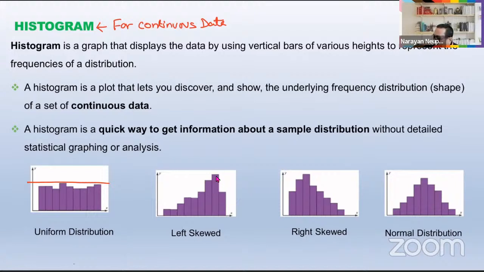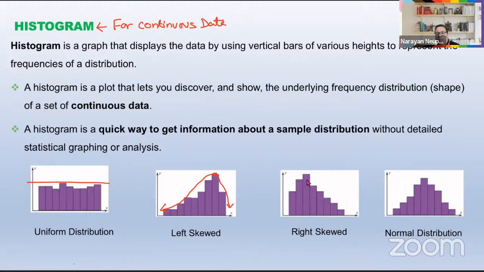If we look at the tallest bar there, we have less data on the right, on that side, but on the left, we have so much data, right? More data is on the left. If more data is on the left, what do we call that type of distribution? Left skewed. The data is left skewed, more data on the left side. Okay, that is the meaning of that.